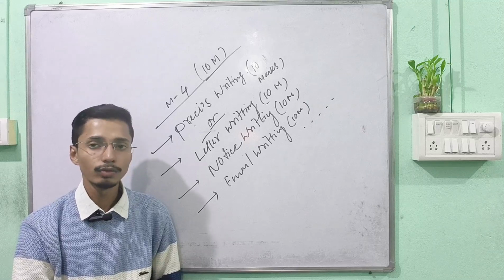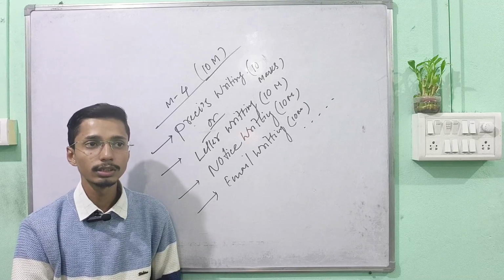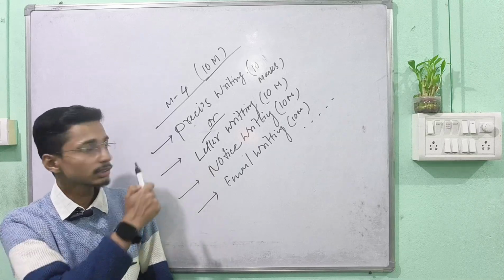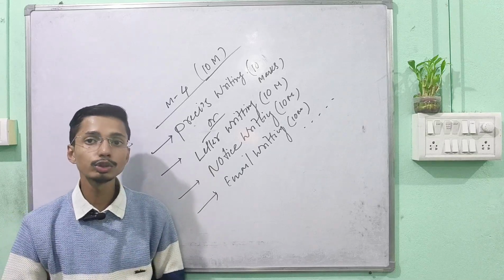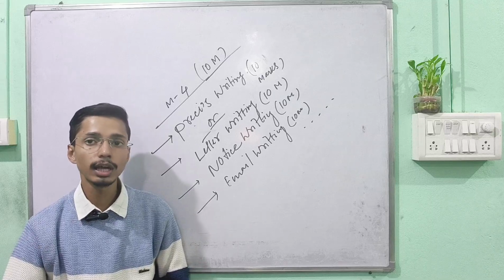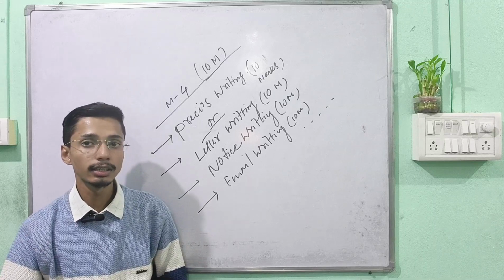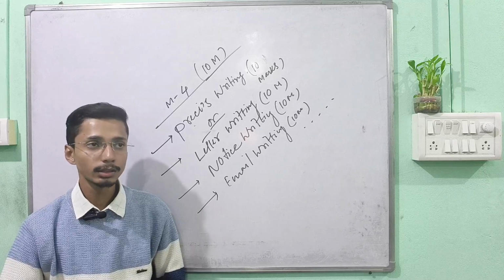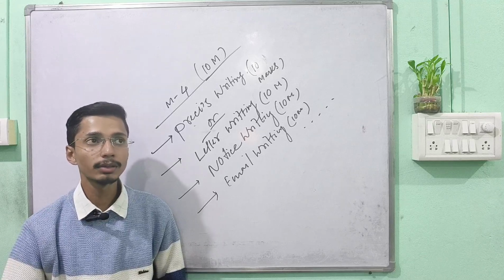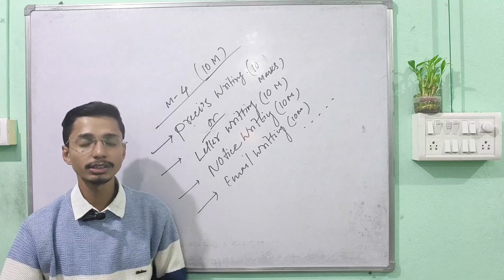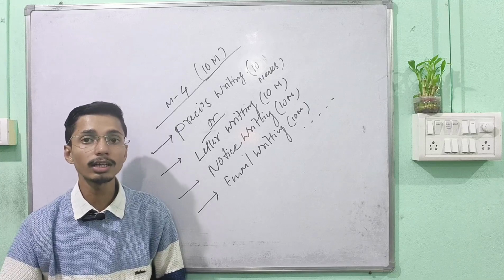I will upload the detailed contents on Google Classroom. You can go through it. Okay, so what are the rules of precis writing? For precis writing, you have to follow rules like the title should be clear and short. Suppose there was a passage on friendship in your question paper.